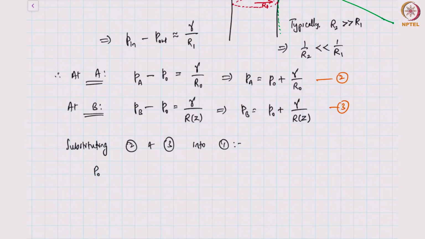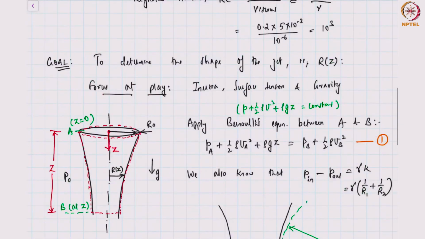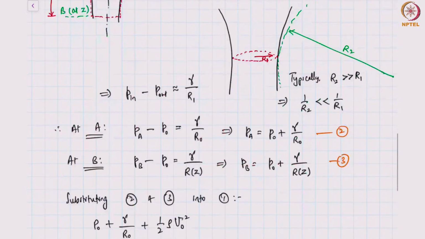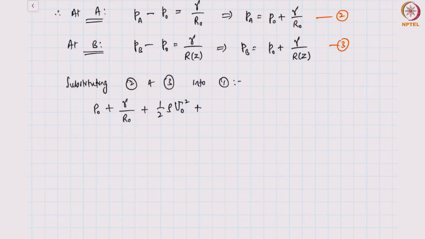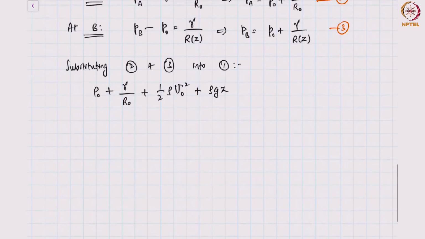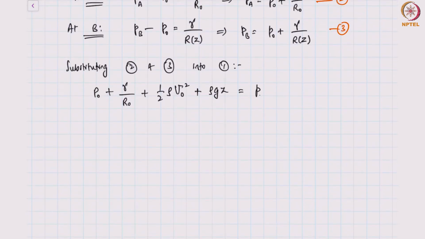PA will be P0 plus gamma by R0 plus half rho U0 square. What is U0 for me? U0 is the velocity at the inlet. Half rho U0 square plus rho g z will be equal to P0 plus gamma by R of z plus half rho U of z whole square.